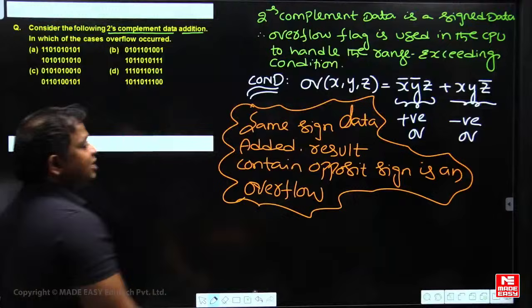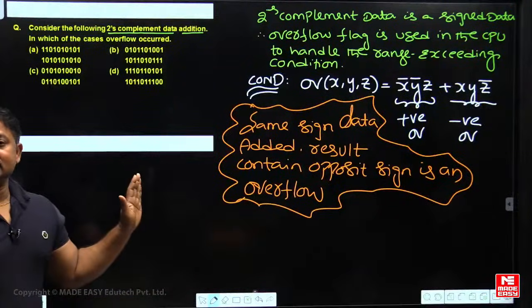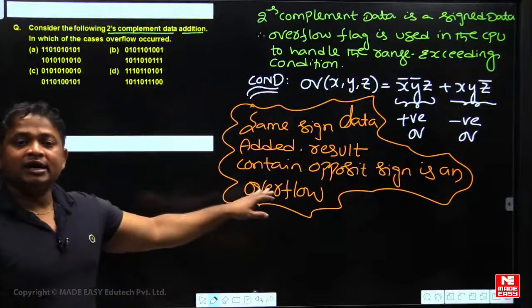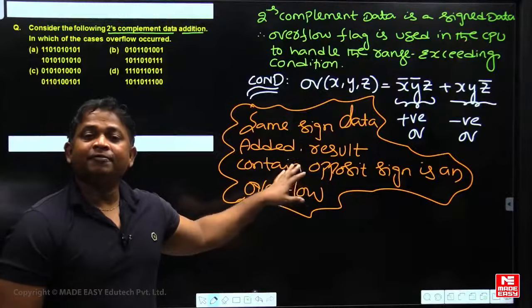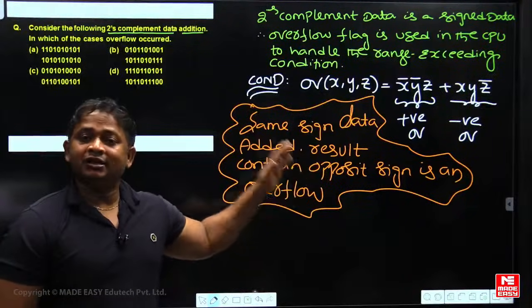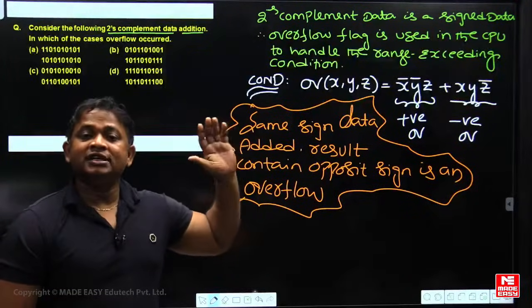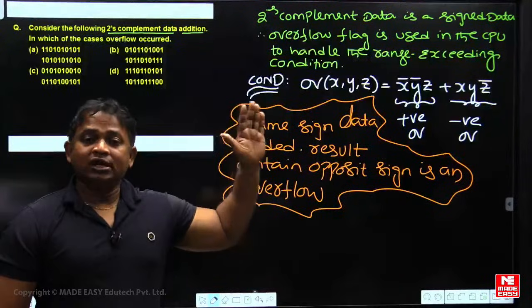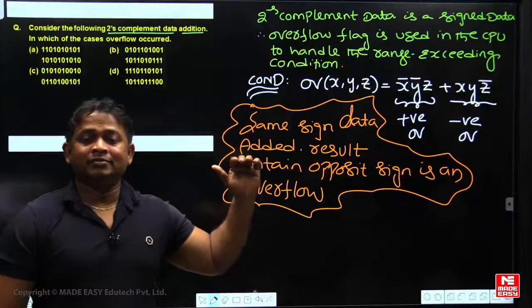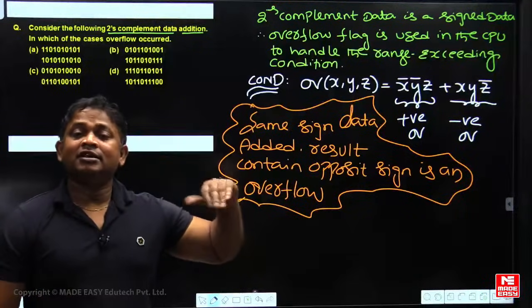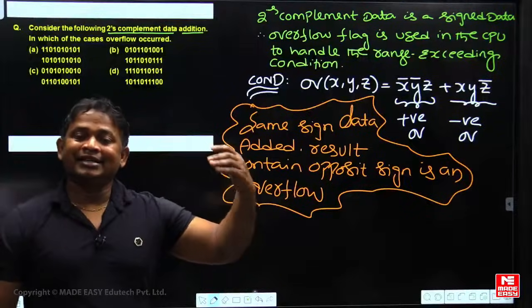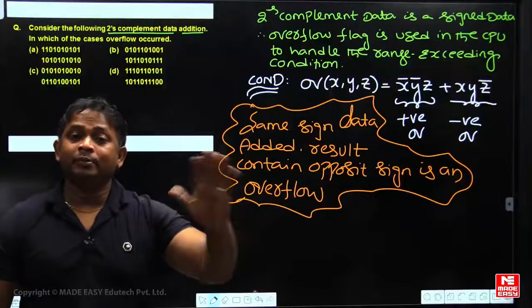So directly we can use this in this question, but this kind of condition we cannot use in the first question. The first question is signed magnitude. The overflow flag is for signed data, which is by default 2's complement.